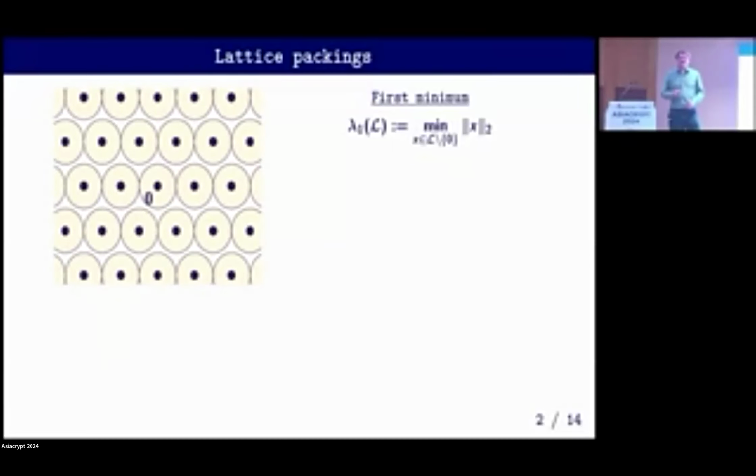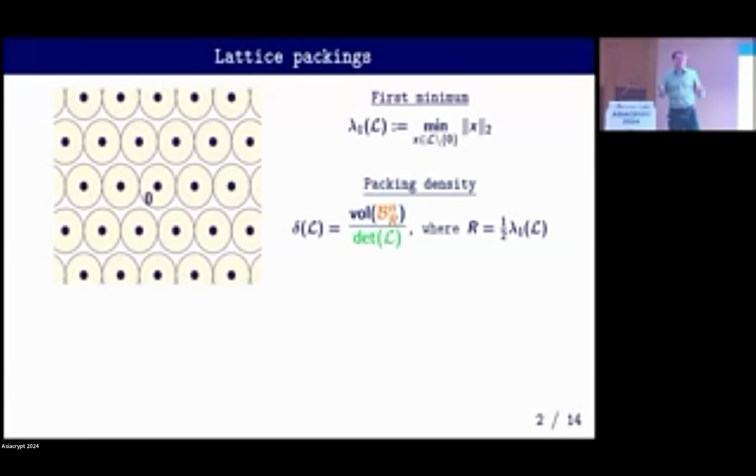We can turn any lattice into a lattice packing simply by placing balls of radius a half times the minimum distance around each lattice point. We know that they won't overlap because of this minimum distance, and this way you get a nice sphere packing in the space. If we now have a look at the density of such a sphere packing, it's just a repetitive pattern, so we can look at what happens per lattice point.